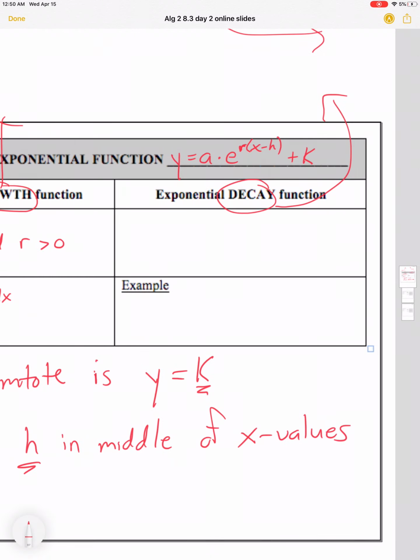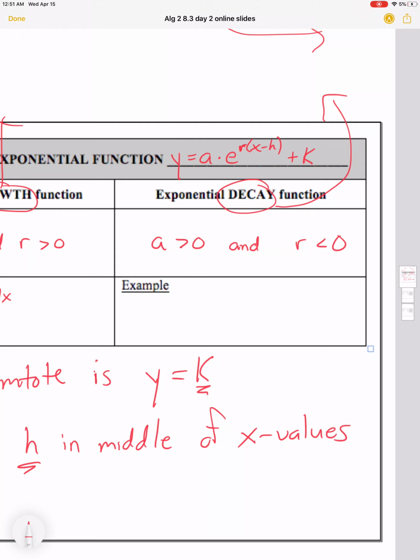If it's decay, a is greater than 0, and r is less than 0. So the one thing that changes is r.